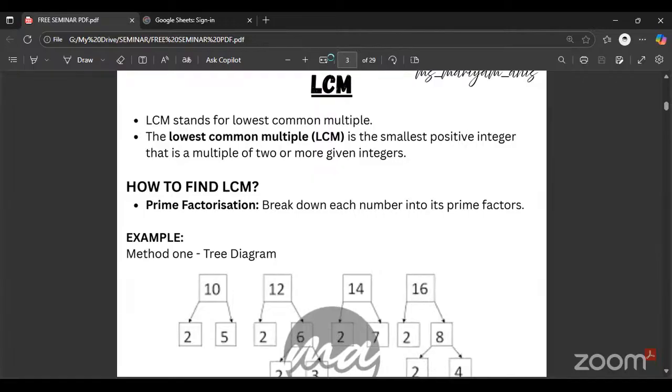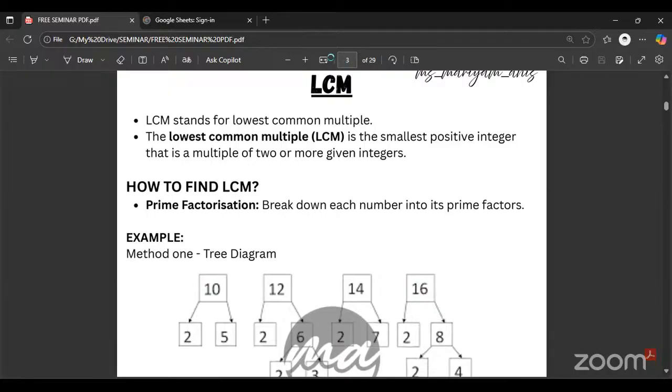For example, I'm giving you two numbers, 4 and 10. They want you to find the first number where the multiples of both are the same.